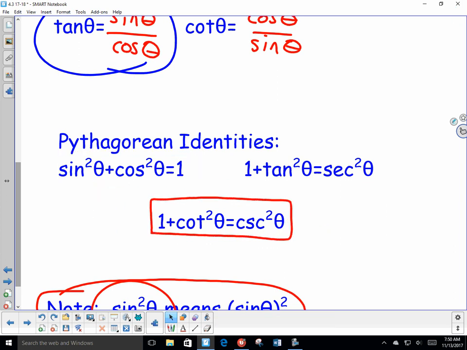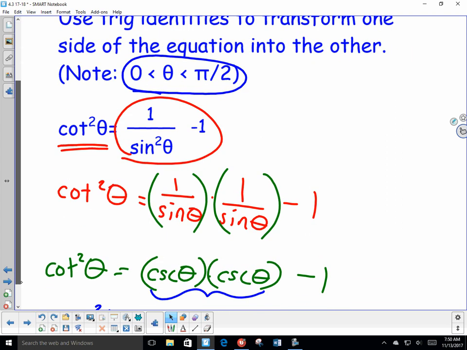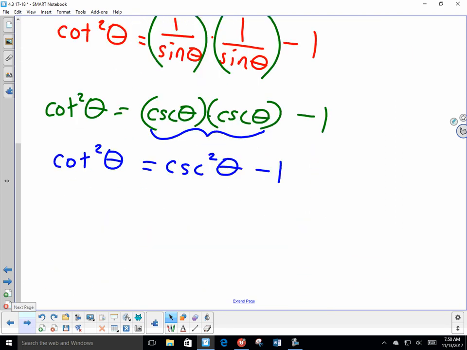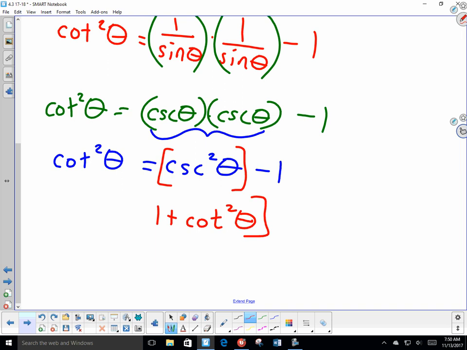It's got cotangents and cosecants in it. Well, if cosecant squared is equal to 1 plus cotangent squared, then I can rewrite my cosecant squared just like that. So I can rewrite cosecant squared as 1 plus cotangent squared theta.